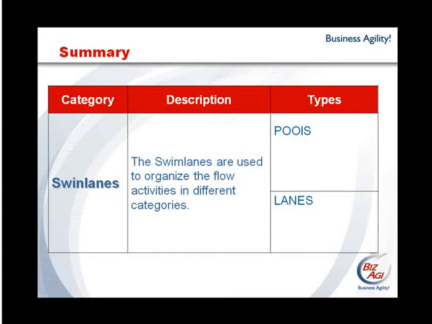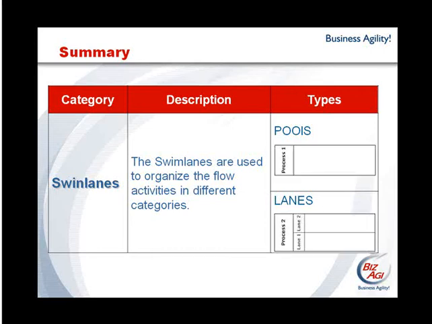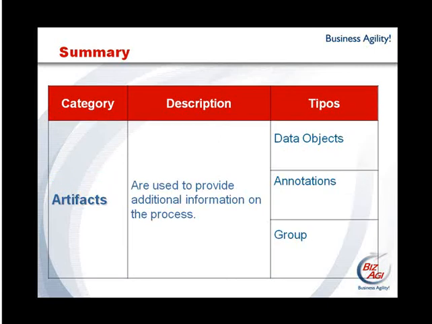A pool is the sole container of a process, and a lane is a subdivision of a pool. Normally, they represent a role or an organizational area. And finally, we have artifacts, which are used to provide more information about a process. Within this category, we find the data object, notations, and groups.